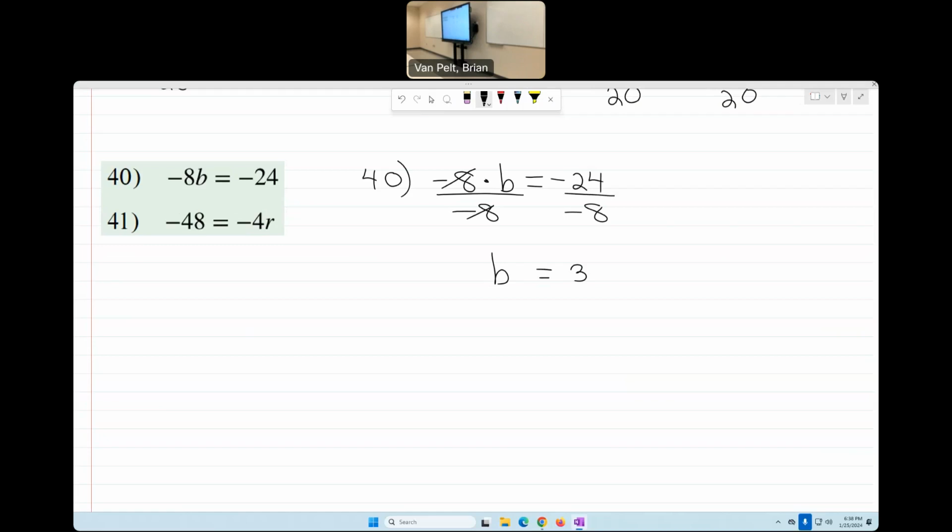Put a big fat multiplication dot in between there. That was -8 times B. That's why I divided. So put a dot. Now you're dividing by that -8.